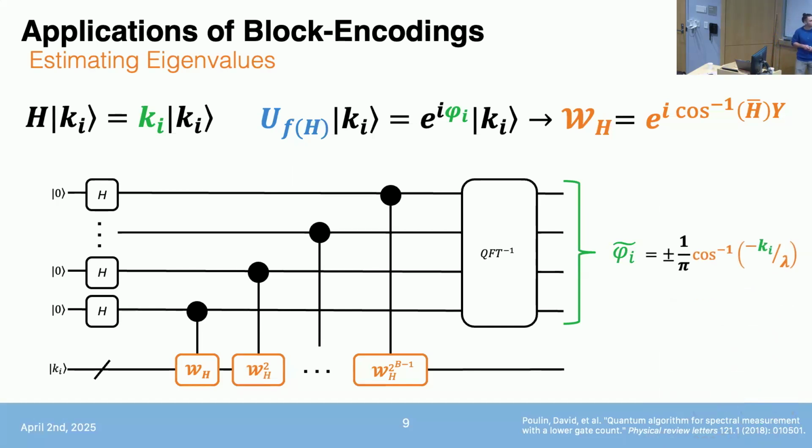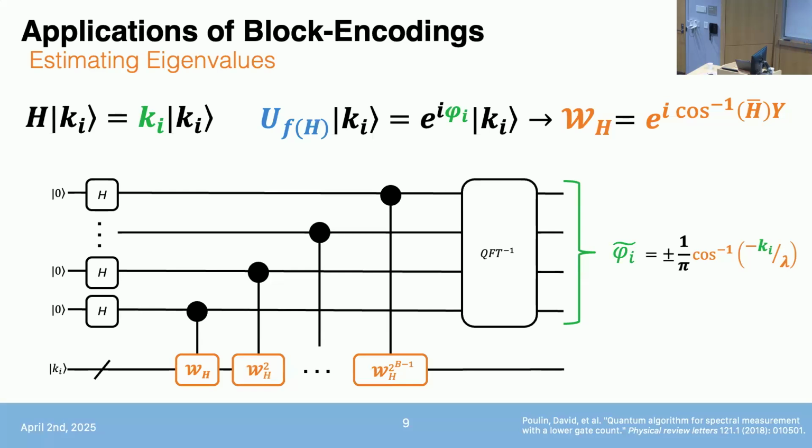Does that make sense? So I load up my quantum phase estimation circuit. I supply an eigenstate to my operator, in this case H. So you can think of quantum chemistry. I have a Hamiltonian. I supply the ground state, right? I apply my walk operator a bunch of times. I run the inverse quantum Fourier transform. I measure all of my qubits.